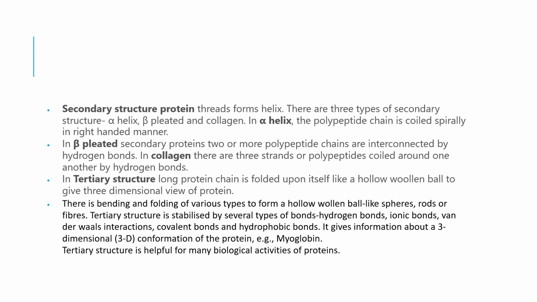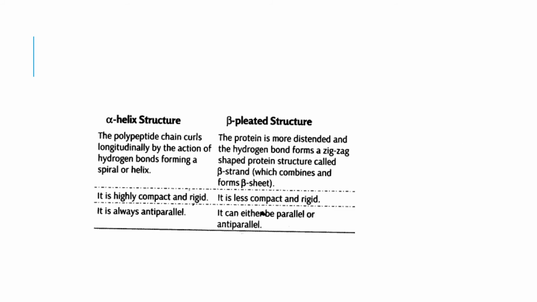Tertiary structure is stabilized by several types of bonds, which is very important to know: hydrogen bonds, ionic bonds, van der Waals interactions, covalent bonds, and hydrophobic bonds. It gives information about the three-dimensional conformation of the protein, for example myoglobin. Tertiary structure is helpful for many biological activities of proteins.